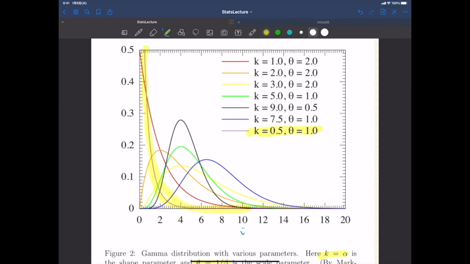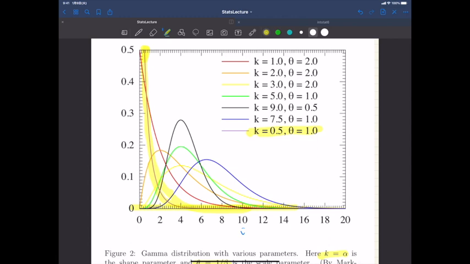So the density diverges when x goes to 0. At this point the density diverges to infinity. But still, if you integrate this from 0 to infinity, then of course it is 1 because it's a probability.